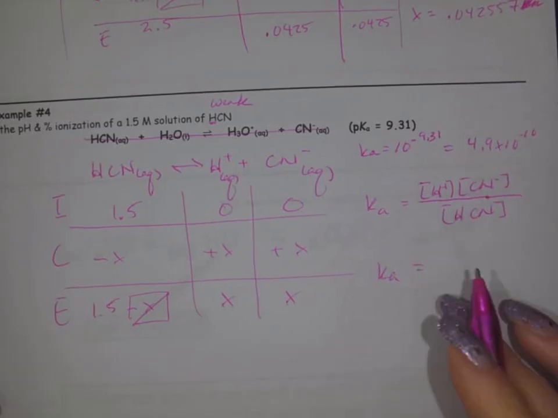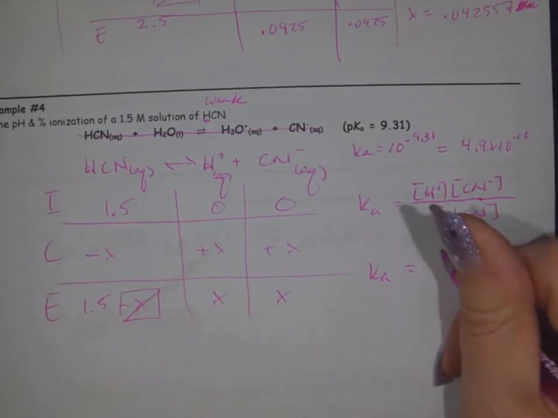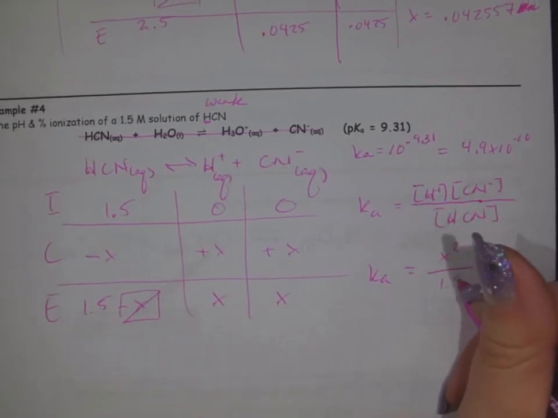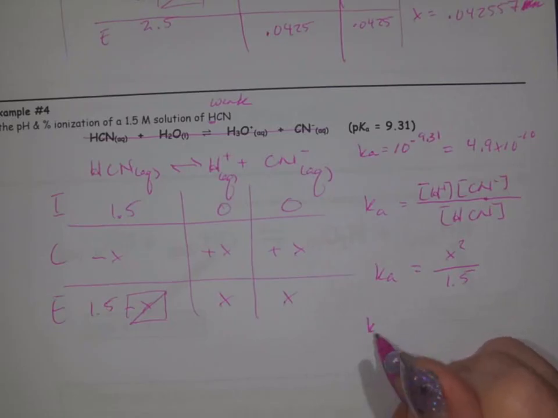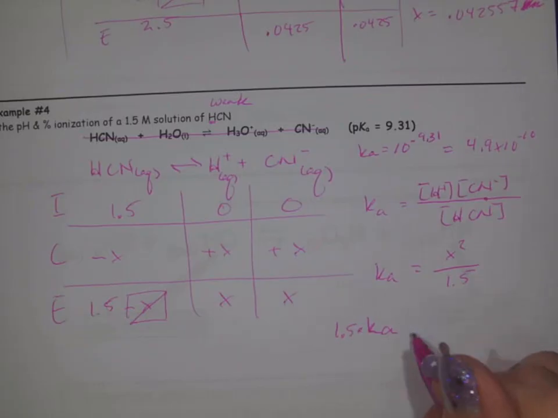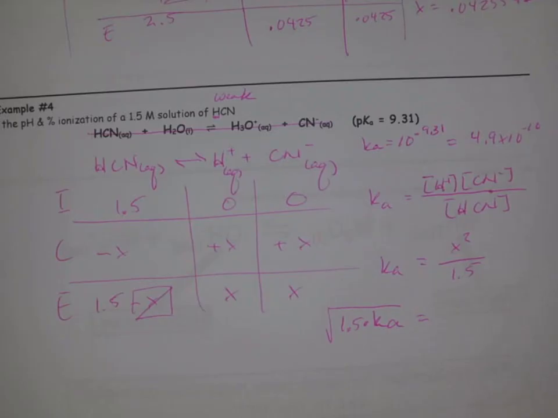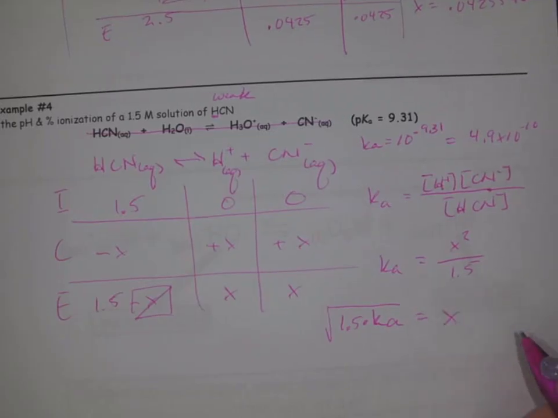This is going to be x times x divided by 1.5, x squared divided by 1.5. 1.5 times Ka is equal to x squared. So the square root of 1.5 times Ka is equal to x.